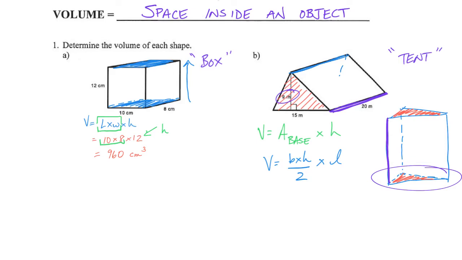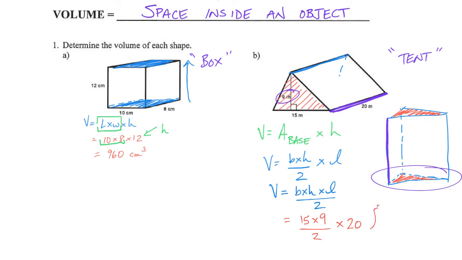If you want to be a little more formula-based, you'll often see something like that in blue, and since it's all multiply and divide in that case, sometimes you'll even see it written that way. We're okay with it because we walked through it in its parts earlier on, so we get that it's the base of the triangle times the height of the triangle divided by 2, then multiplied by the depth of the tent.